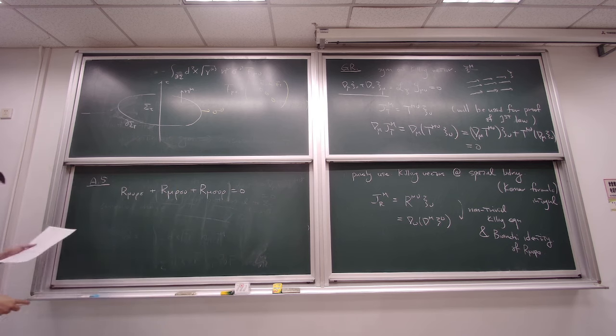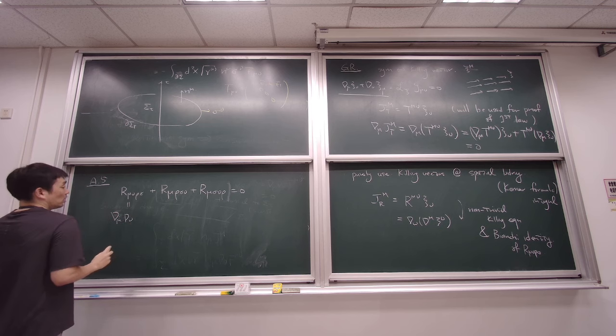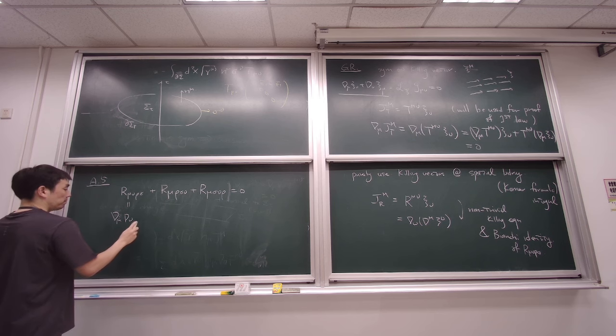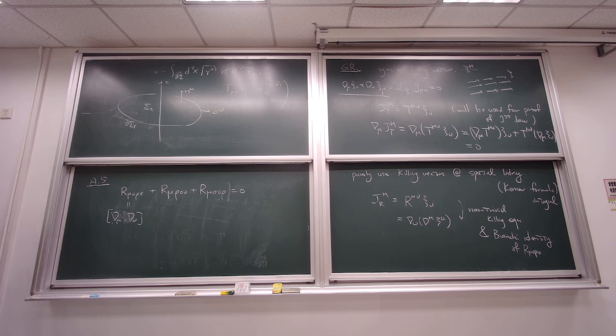Okay, and then we know that this guy is equal to ∇_ν. Essentially, this is given like this way, the commutator of the covariant derivative.